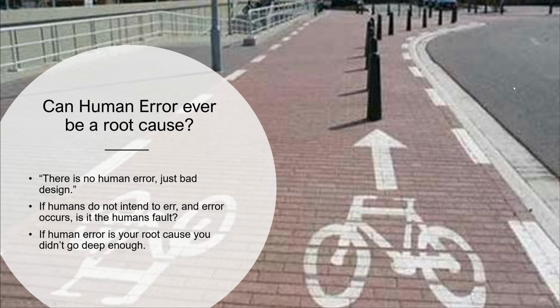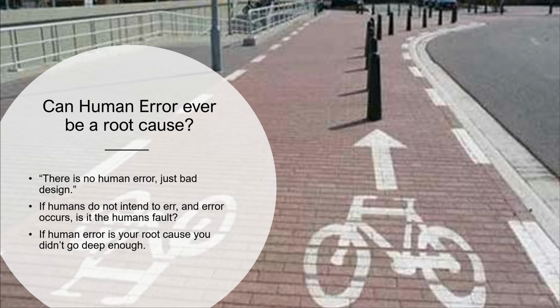So now, this is an important distinction. Can human error ever be a root cause? Looking at all of the problems or all the situations that have coalesced to have an incident occur, there's a question: can human error ever be a root cause?